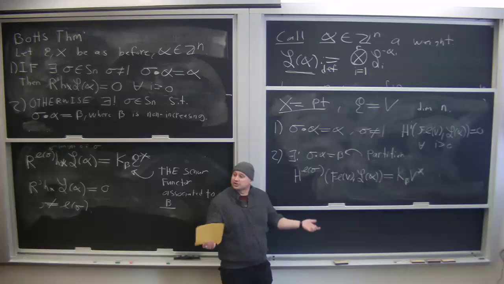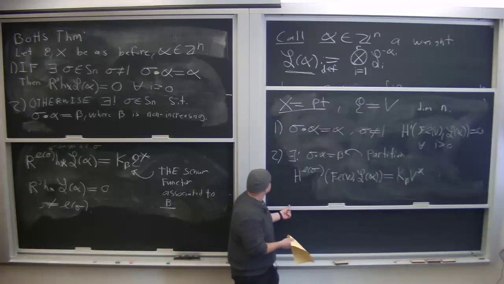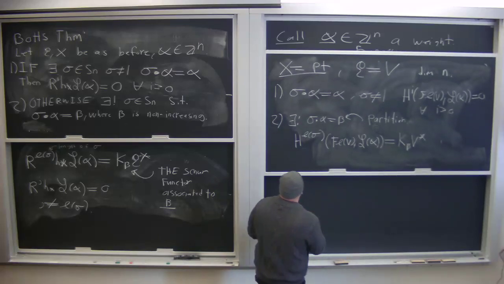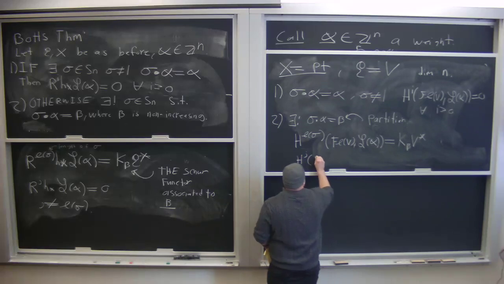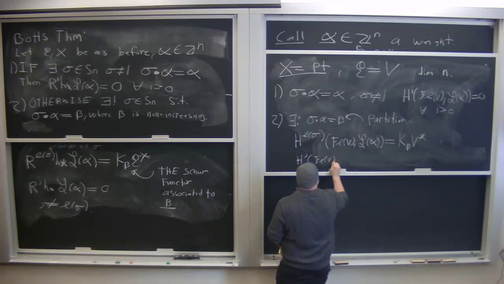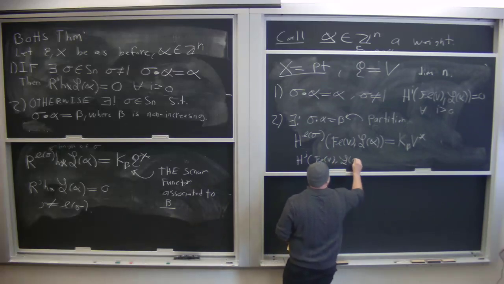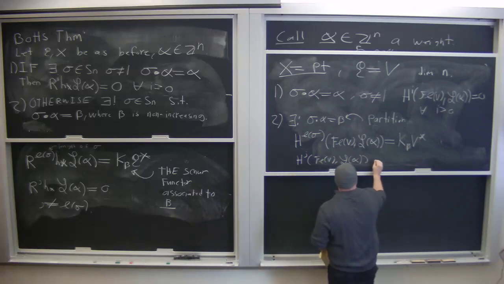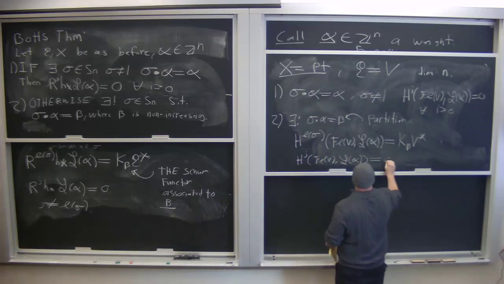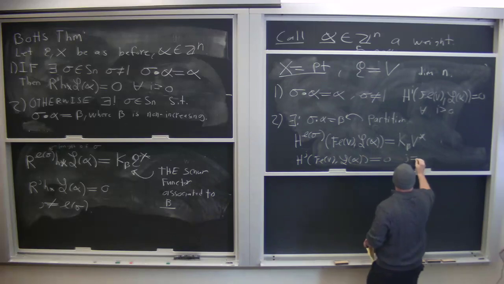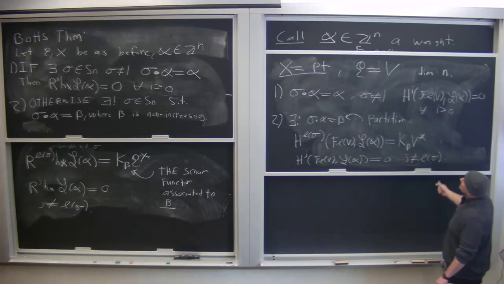That's going to come with an action of GLV on it, so it's also a GLV representation. And then H^j of the flag variety and L alpha equals 0 for j not equal to the length of sigma.